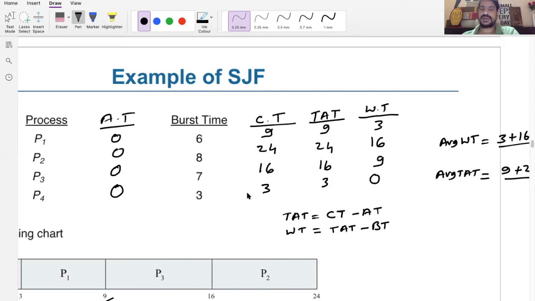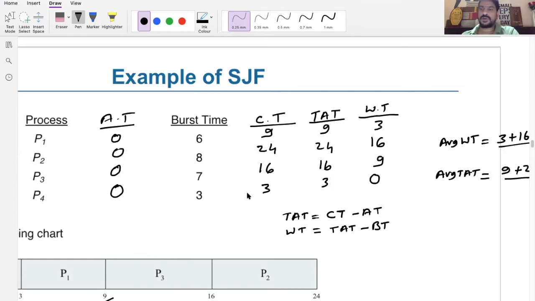So unnecessarily the process of burst time 1 has to wait for 20 units of time for the first process to finish. To reduce this problem that we have seen in first come first serve, we are thinking that shortest job first can remove these problems, but these problems cannot be fully removed. I'll show you some scenarios where it proves that the convoy effect is still there in shortest job first.